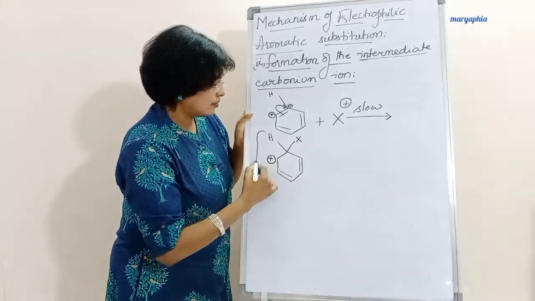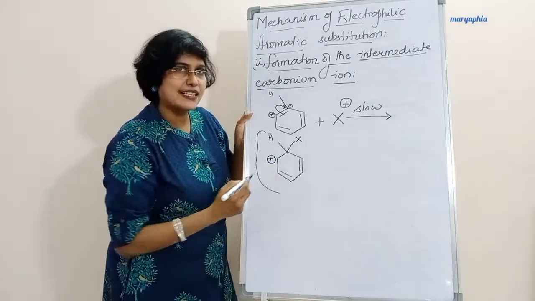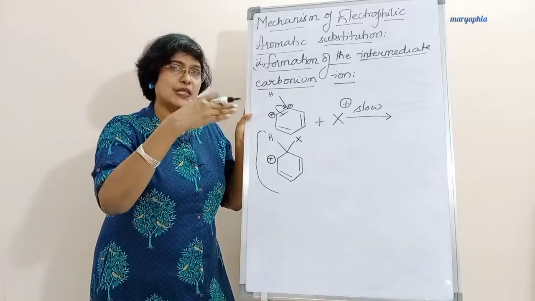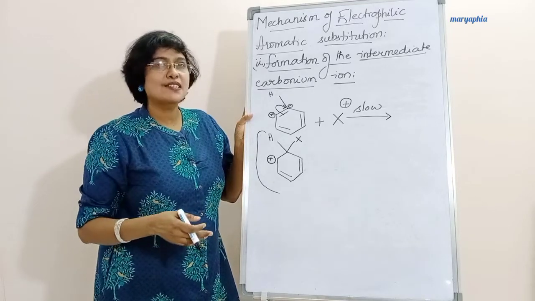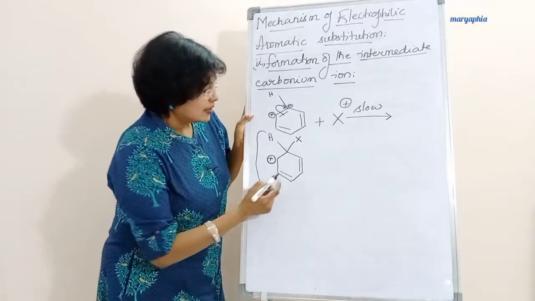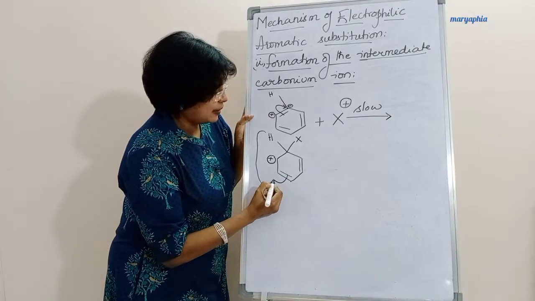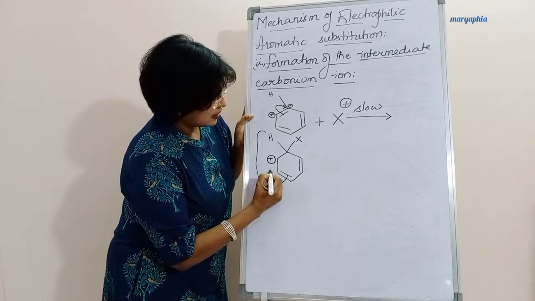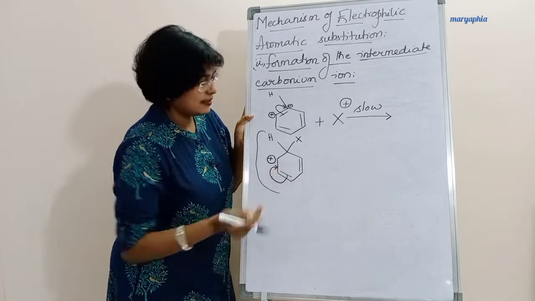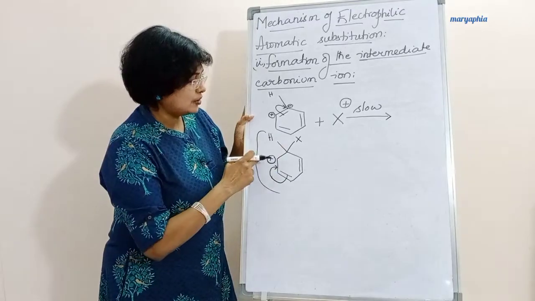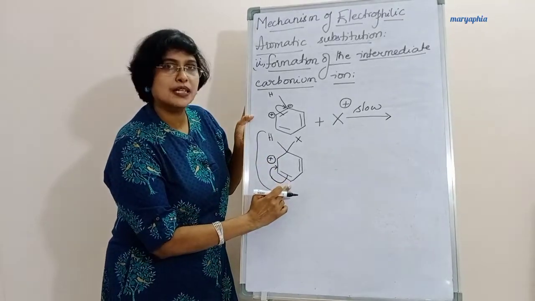Now this positive charge will not stay here only. It moves around the entire benzene structure. Immediately these pi electrons will be shifted this side, so the positive charge comes over here.